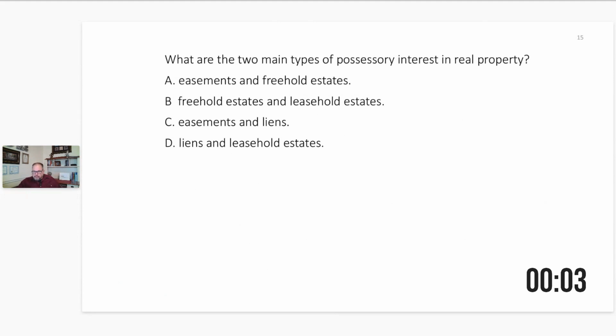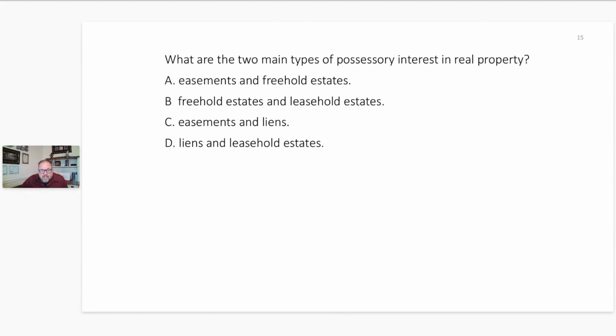Excellent. Right? So we defined estate as what's my interest in the property. I can have two interests in it. I can have freehold, which is ownership, or I can have leasehold, which is leasing. So that's answer B.